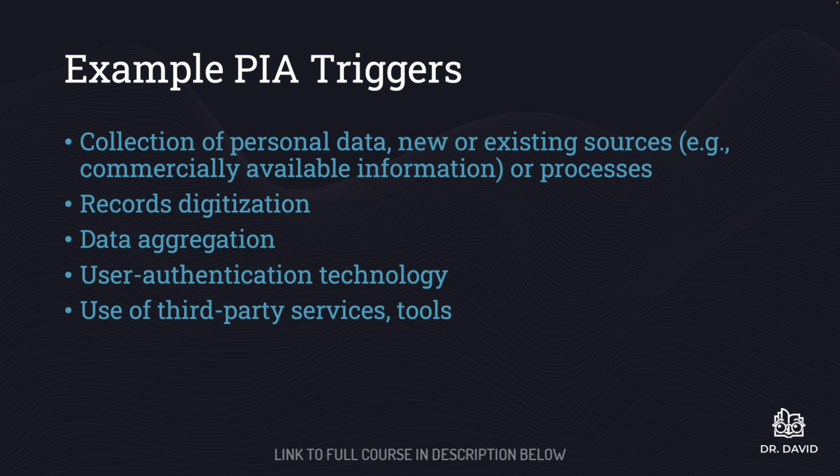Again, if we're using a third-party service or tool to process data that we have collected, then our organization is ultimately responsible for that data, and therefore we want to make sure that any third-party tools are adequately protecting that data.